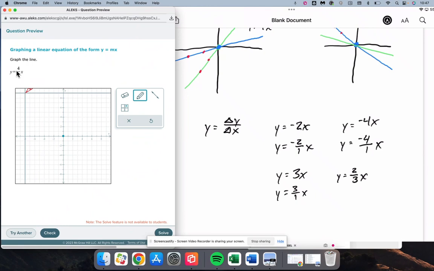I'm changing the problem to make this negative just for an example. So if I had -4/3 x, it would tell me to go down 4 to the right 3. Down 4 to the right 3. And then our line would look like this. And again, if I click to check here, it would say it's incorrect because this is positive, so it should be going up this way. I changed it just for an example to show what a negative would look like.